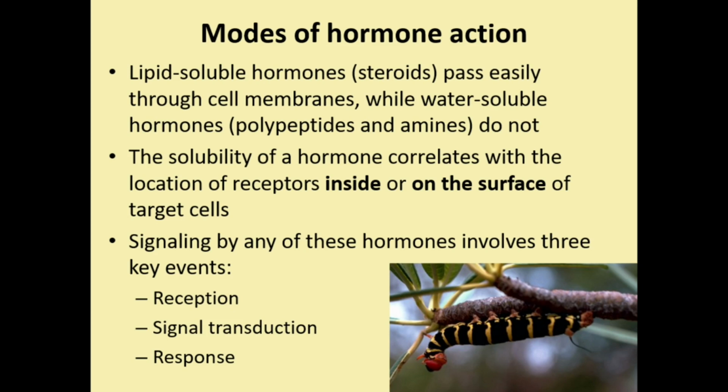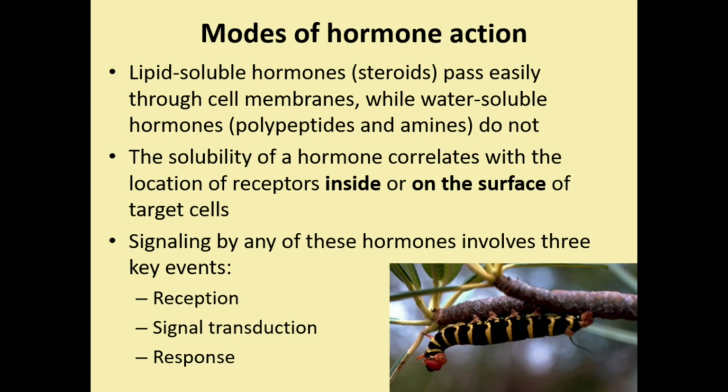That will then trigger a cascade of events that we refer to as signal transduction, sometimes referred to as a signal transduction pathway. And this can be the turning on of specific enzymes or the moving or changing of specific molecules.